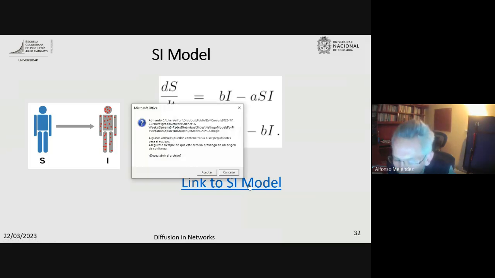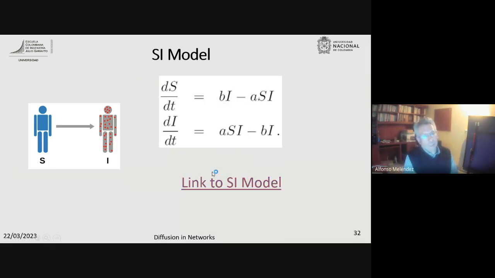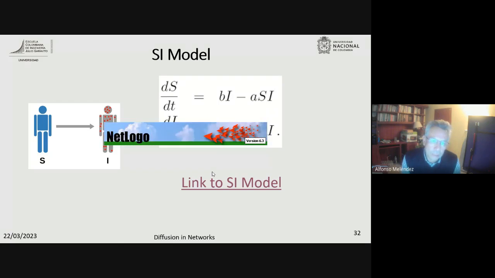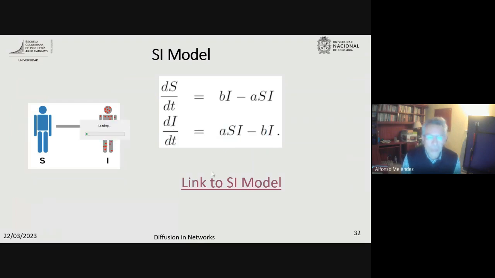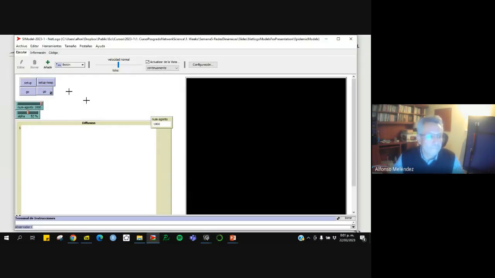It's the most simple, but one of the most important epidemic models. I'm going to show this model not in a network, but in space, in a geographic space. But you could adapt it to networks. Look.